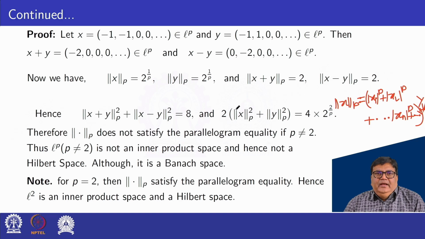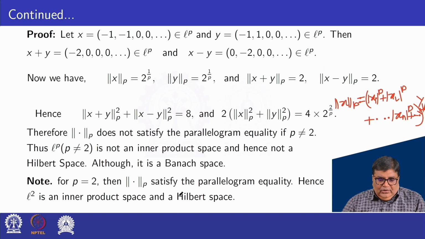And 2 into norm x square plus norm y square. So norm x square is 2 to the power 1 by p squared, that is 2 to the power 2 by p, and norm y square is also 2 to the power 2 by p. Both are the same, so it is 2 into 2 to the power 2 by p plus 2 to the power 2 by p, so we have the value 4 into 2 to the power 2 by p.